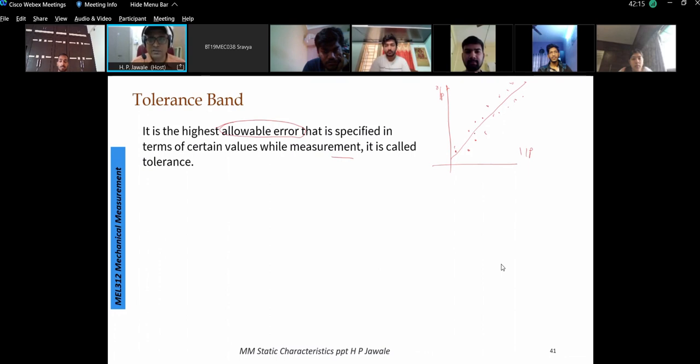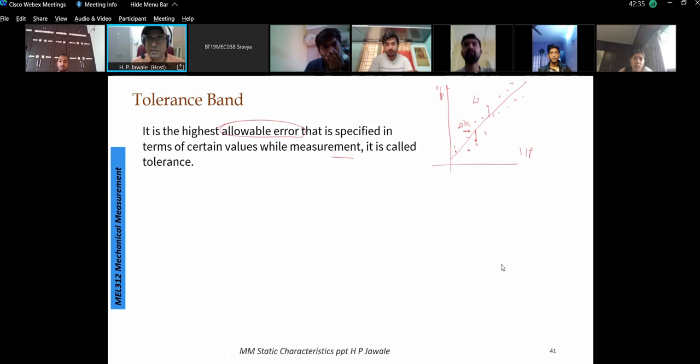Now the error can be found out. Say for example, this is reading number 5. So the error can be found out as a deviation above this line. Say I call this del 5. Then say this is the sixth one. So I can find here the error 6 at the 6th reading, and likewise I can find others.